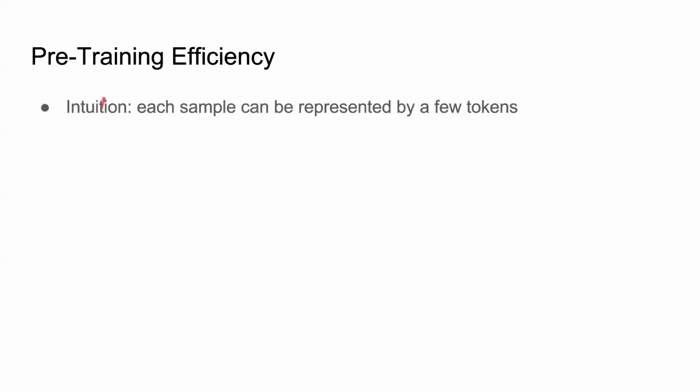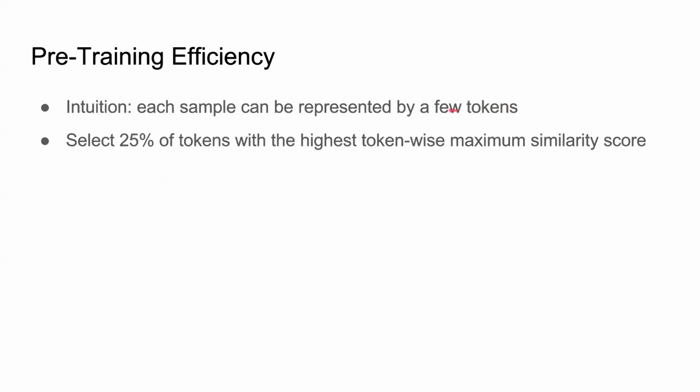Another thing is based on the intuition that each sample, whether it's image or text, can be represented by only a few select tokens. So they select 25% of the tokens with the highest token-wise maximum similarity score, and this is for both image-to-text and text-to-image similarities. So what does that look like?